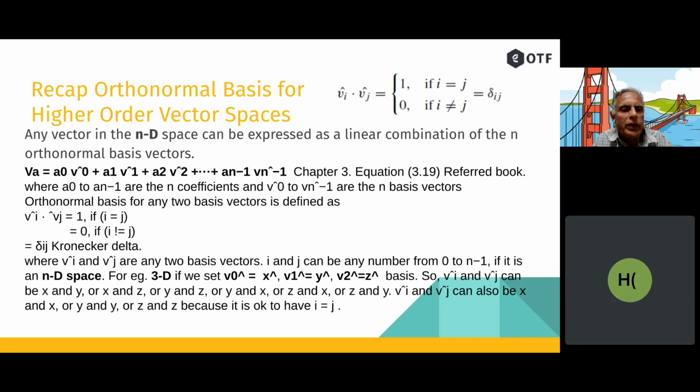So if I take vi and vj and if they are not equal, that doesn't mean magnitude alone, it is also perpendicular. So if that is the case, their dot product will be 0. But on the contrary, if I take x and x, or y and y, or z and z, or similarly vi and vi, their dot product will always be equal to, in this case, 1, because they are similar. They are in the same basis.